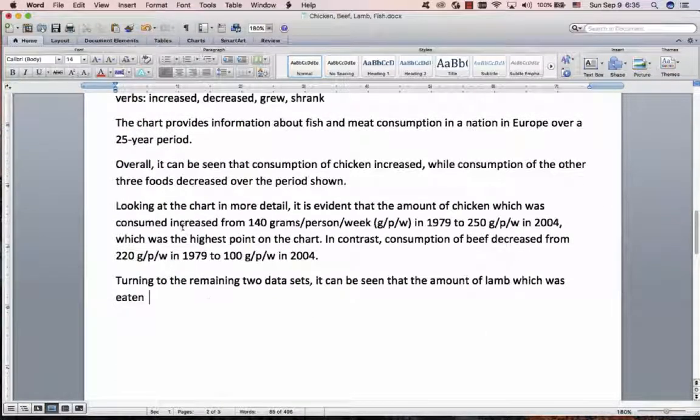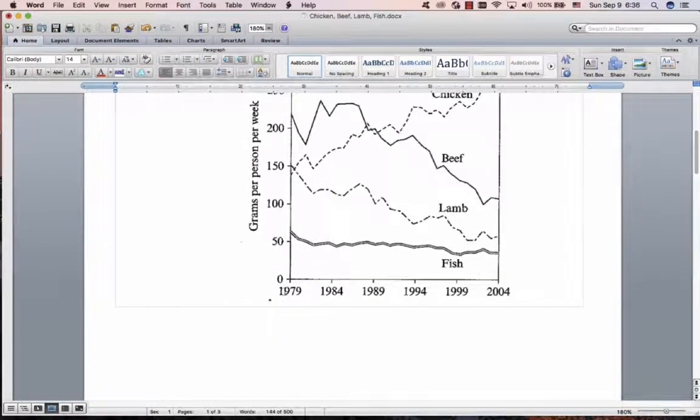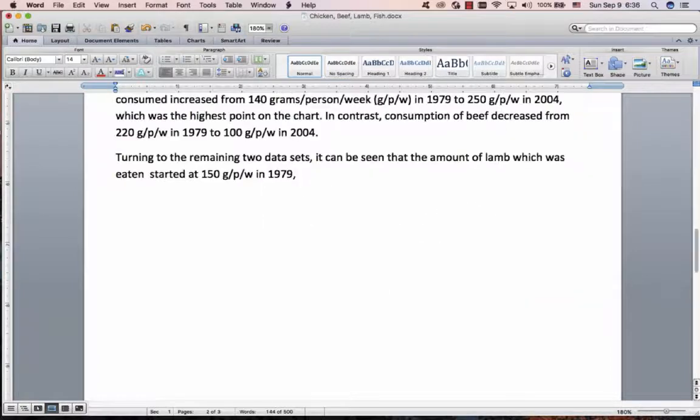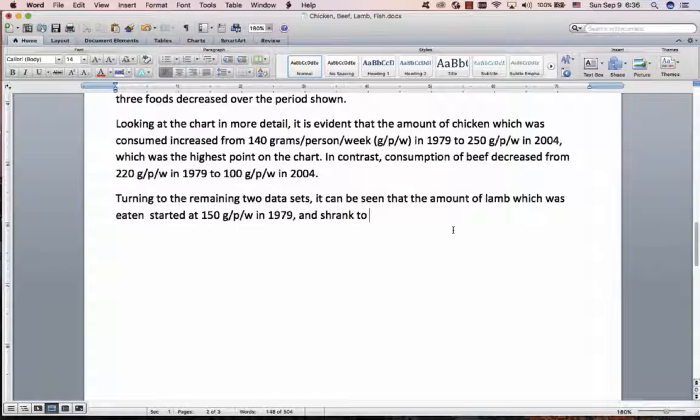We could just say it like this: decreased from 150 to 60, but a little bit of difference is always nice. Don't forget to put the date in 1979, comma, and decreased. Shrank. Let's use shrank. Let's say approximately. It's always good to use about and approximately.